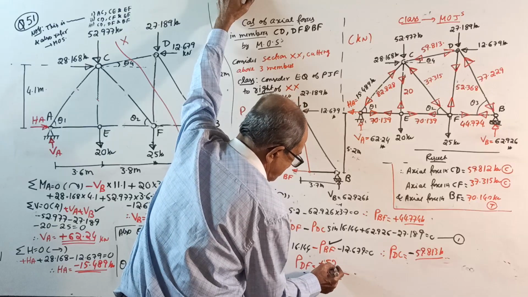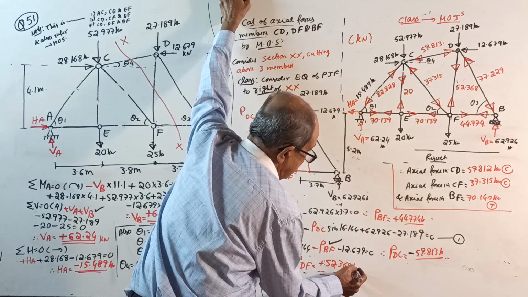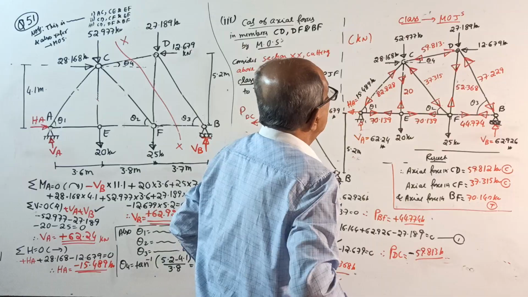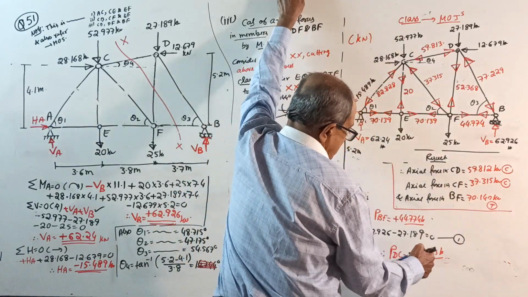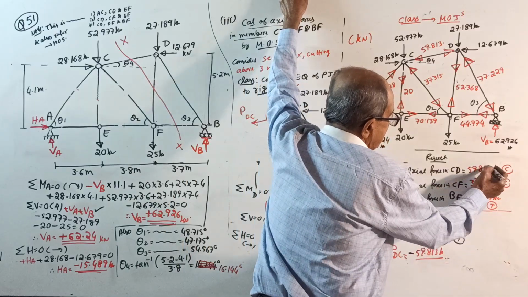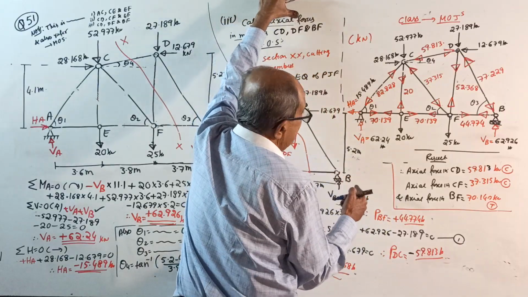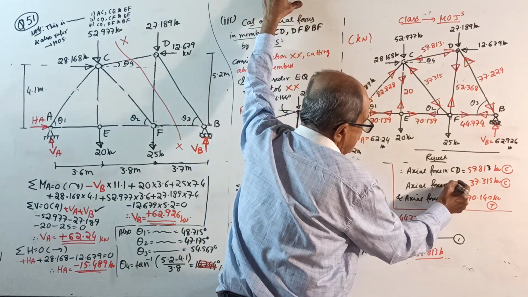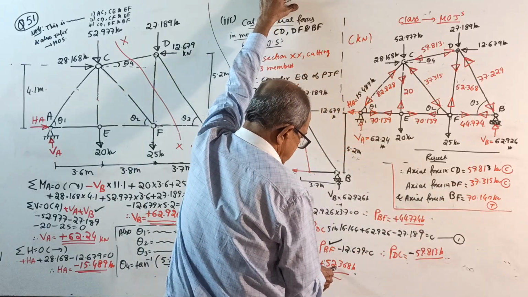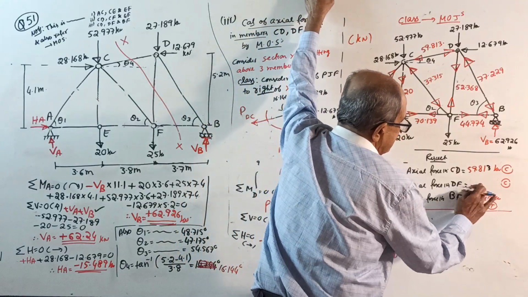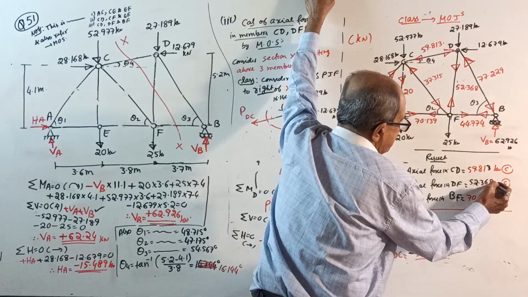Now the answer. Axial force in CD is 59.813 kilonewton, compression. Axial force in DF is 52.368 kilonewton.